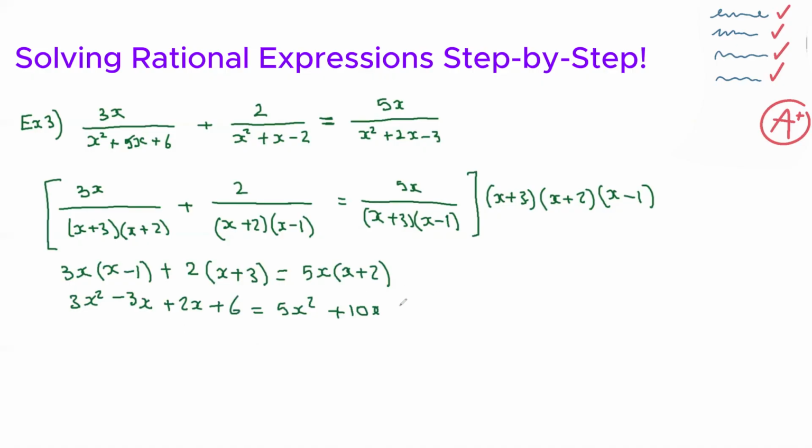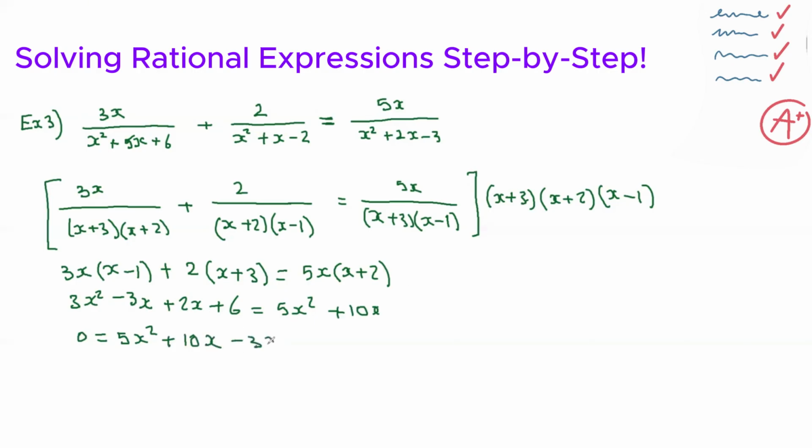I'm going to move everything to this side. 0 equals 5x². So I'm moving everything to this side, so I'm not going to simplify. I'm just going to move all at once. So plus 10x. So this is still there, and I'm moving this now to this side.